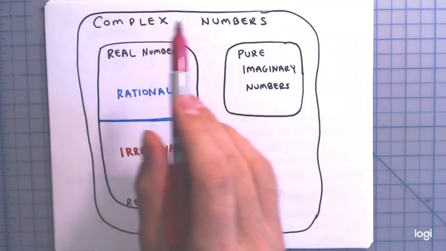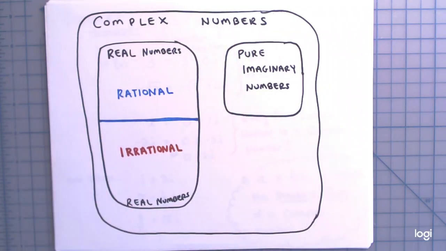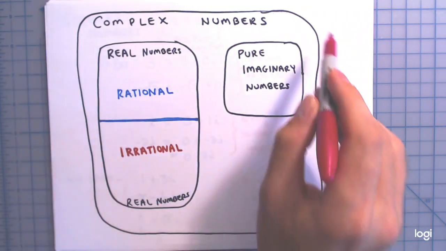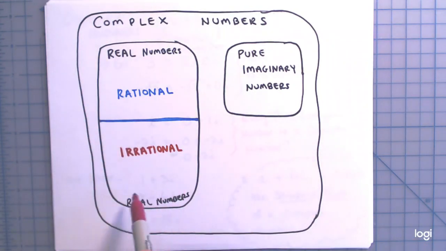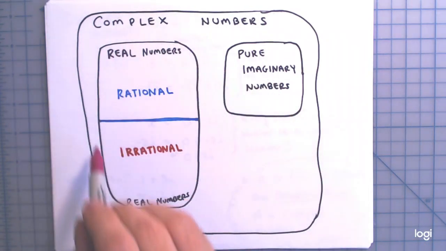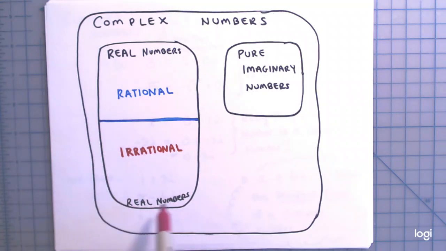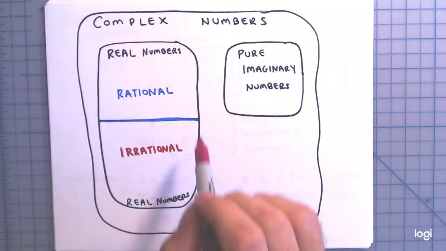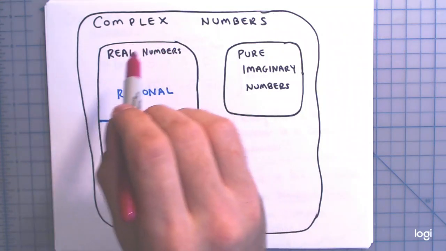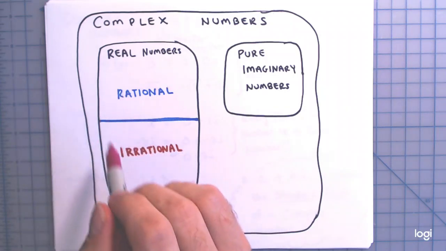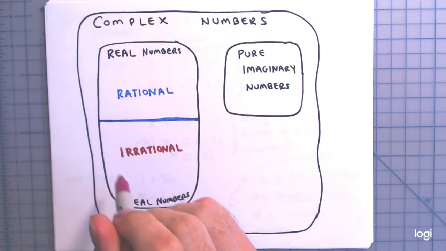All those numbers that are in that a plus bi form. Well, inside that set, we have the set of real numbers, right? So this big oval shape, big pill shape thing here. All these are the real numbers, the numbers whose squares are not negative.